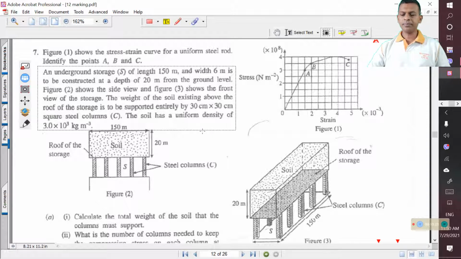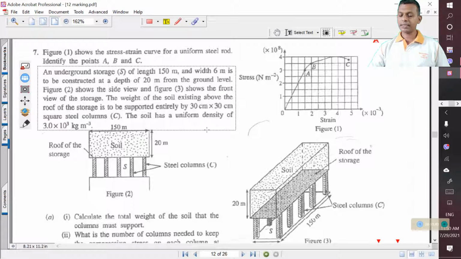Then let's go to the problem. An underground storage of length 50 meters and width 6 meters is to be constructed at a depth of 20 meters from the ground level. Figure 2 shows the side view and figure 3 shows the front view of the storage.